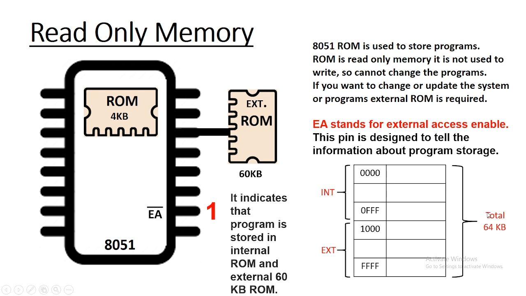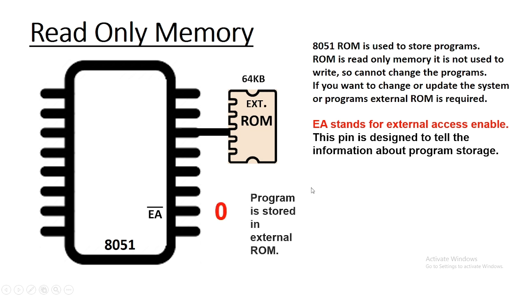Another situation is when you want to discard your internal ROM completely. You don't want to use internal ROM, you want to connect 64 KB of external ROM. But in that case, the external access pin should be connected to 0.